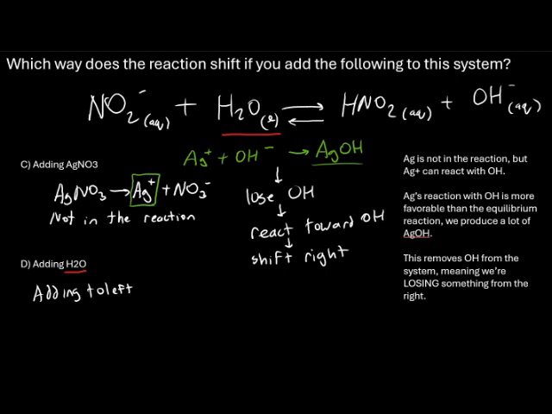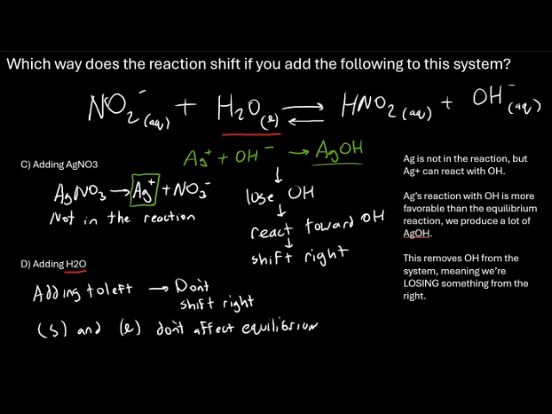But in fact, in this case, you will not be shifting right. And the reason for that is that pure solids and pure liquids do not impact the equilibrium. Therefore, even though it looks like we'd shift right by adding water, in fact, we do nothing at all. The addition of water will have no effect and we will not shift either way.